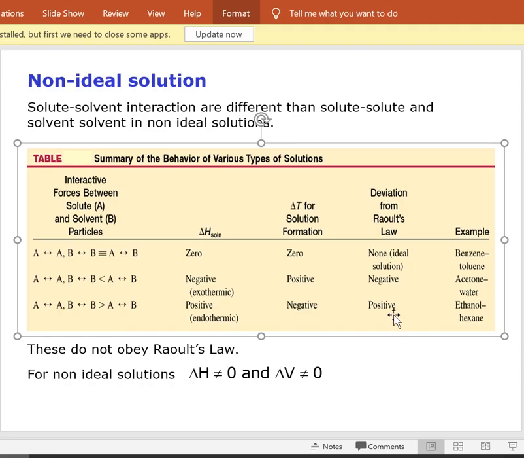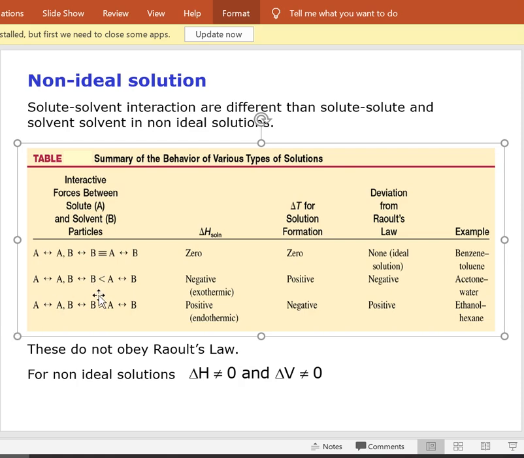In case of the positive deviation, the interaction among the molecules becomes weaker. It means the bond between the molecules becomes weak, therefore their escaping tendency increases.